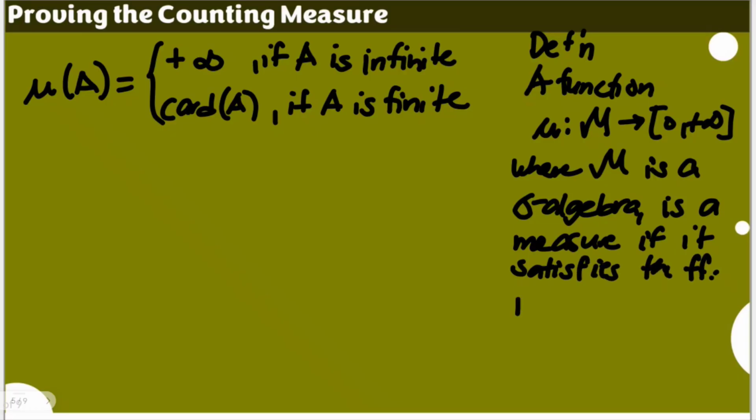The first condition is that the mu of the empty set is 0.